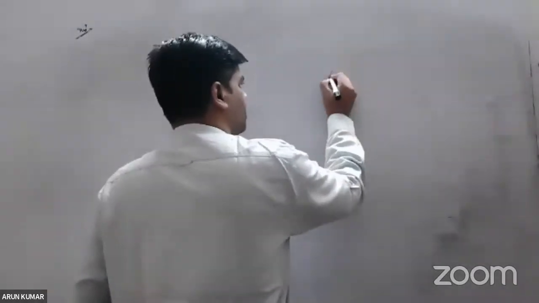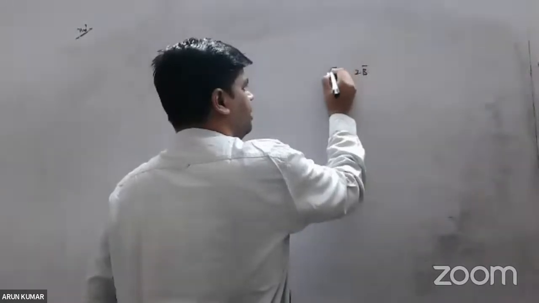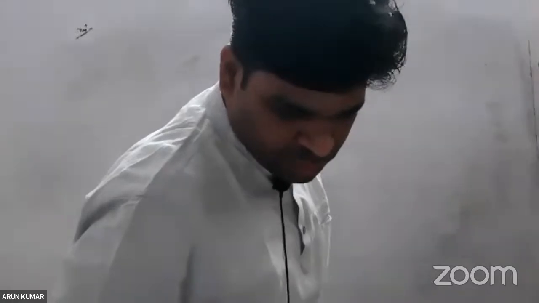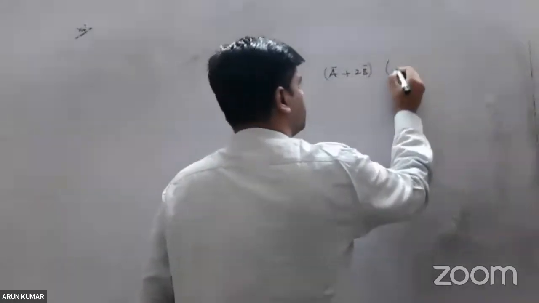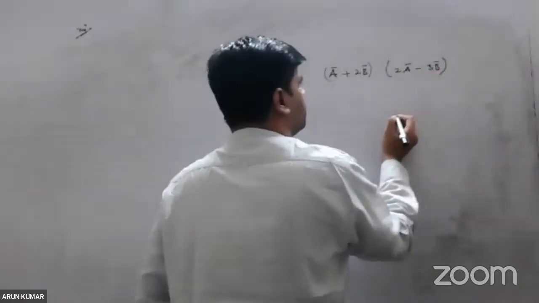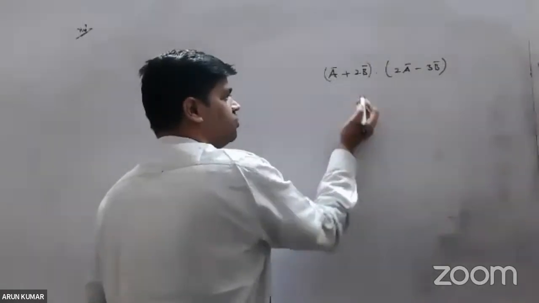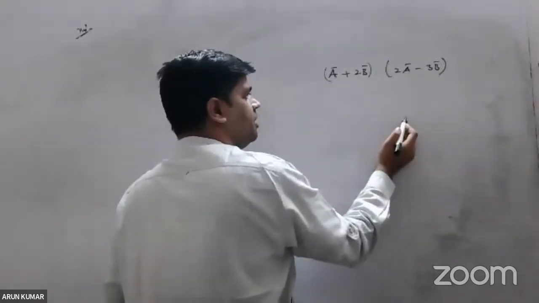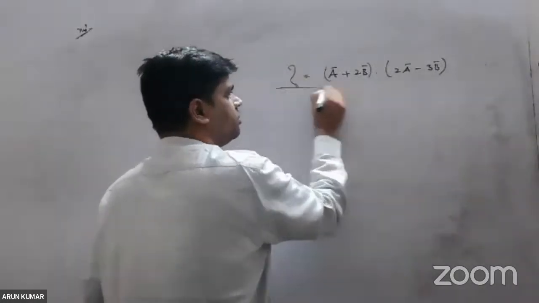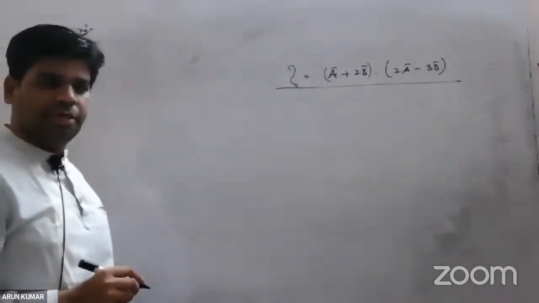Look at this, students. This is a simple algebraic manipulation. I've got two vectors A and B. The dot product of A plus 2B and 2A minus 3B is to be found out. How do I do it? It's the distributive property.